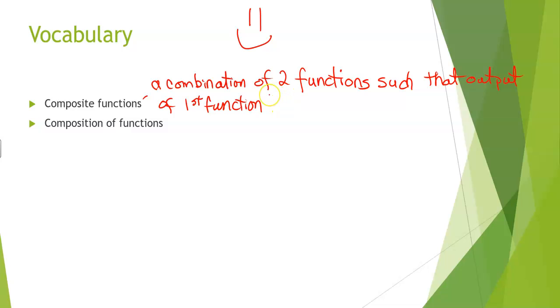And once you get that, you get the order of how you're doing your mathematical procedures. So the output of the first function is the input of the second function.